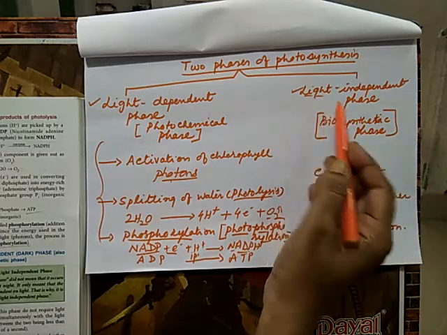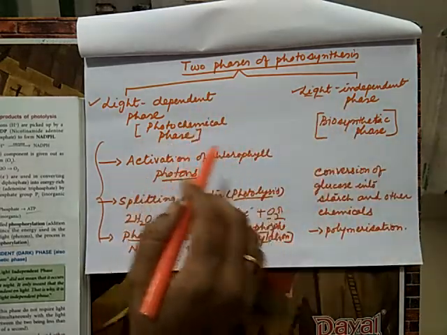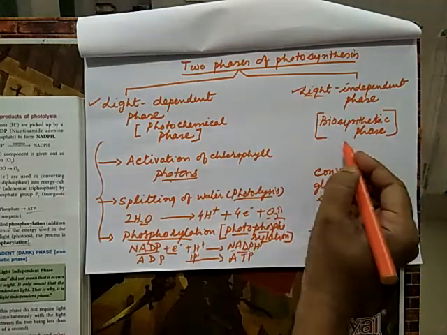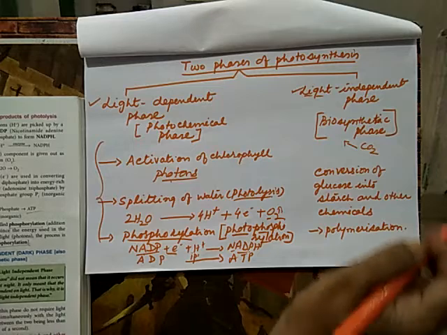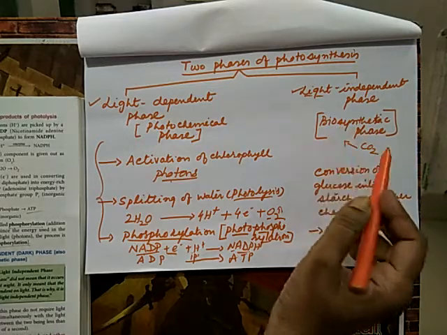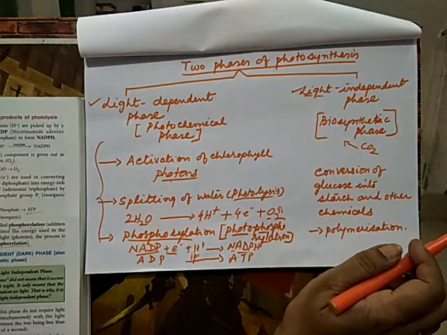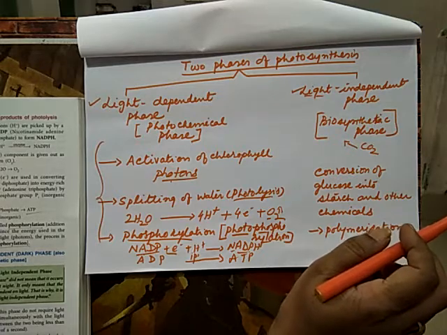The rest of the process is the one that allows the carbon dioxide concentration, so it is also known as the biosynthetic phase, and in this phase no light is required.